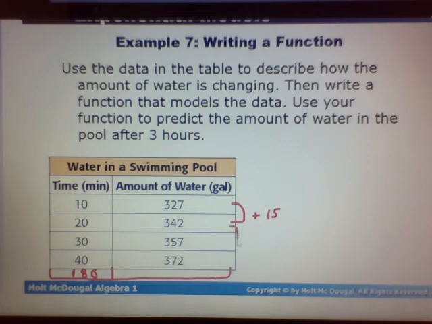If we double check, 342 plus 15 will make 357. And then 357 plus 15 makes 372. And so we know that our first difference is 15. And so because of that, we know that it's linear.